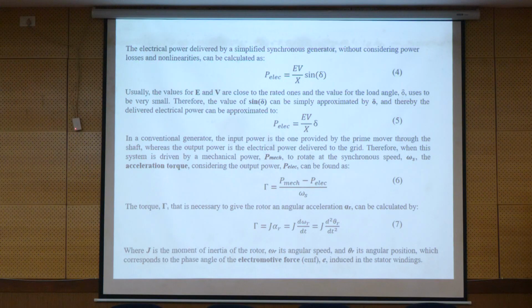Acceleration is the derivative of the speed, and speed is the derivative of the position in physics. So you can replace this one by this equation.